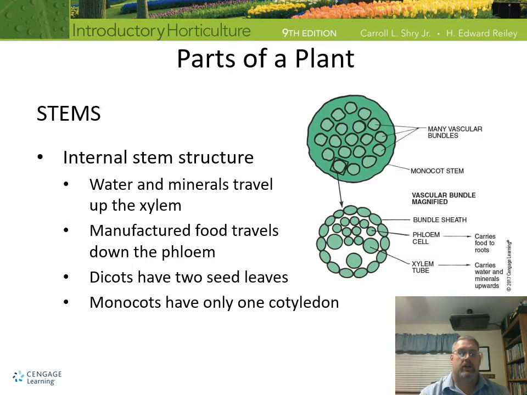When you start getting into dicots or dicotyledons, then you have a more uniform structure, and the phloem and the xylem are not bundles, and they're not random. They're actually more of a vein system similar to what we have in our bodies.